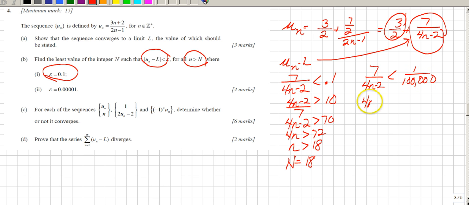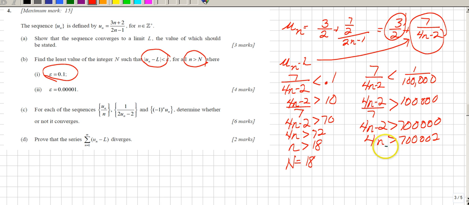Reciprocate both sides. 4n minus 2 over 7 is greater than 100,000. Multiply both sides by 7. 4n minus 2 is greater than 700,000. 4n is greater than 700,002. n is greater than 175,000.5.